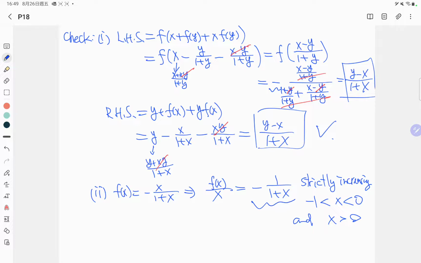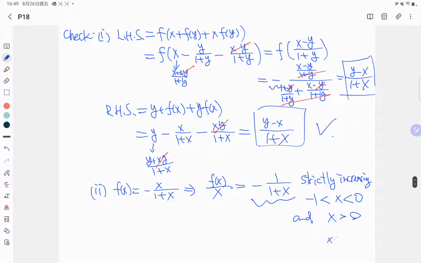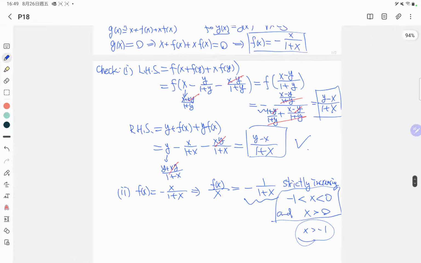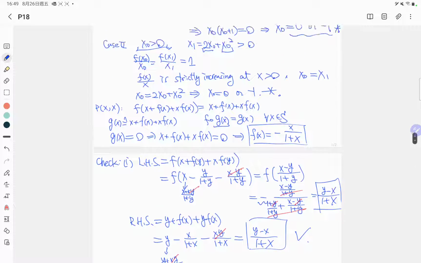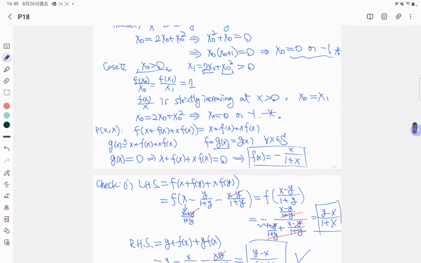Although this function is actually strictly increasing for x larger than negative 1, if it does not give the condition like this, then we cannot come up with our solution. So this solution is okay, and that's the end of this video.